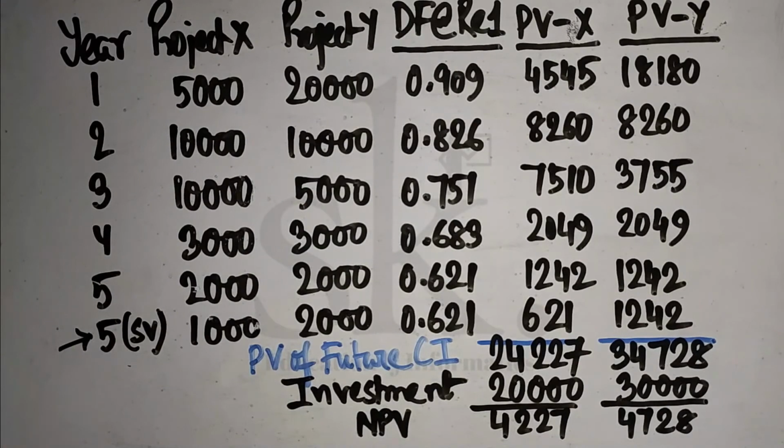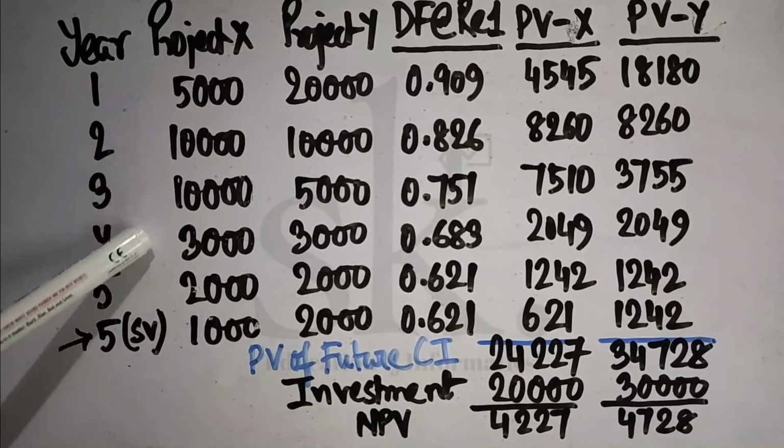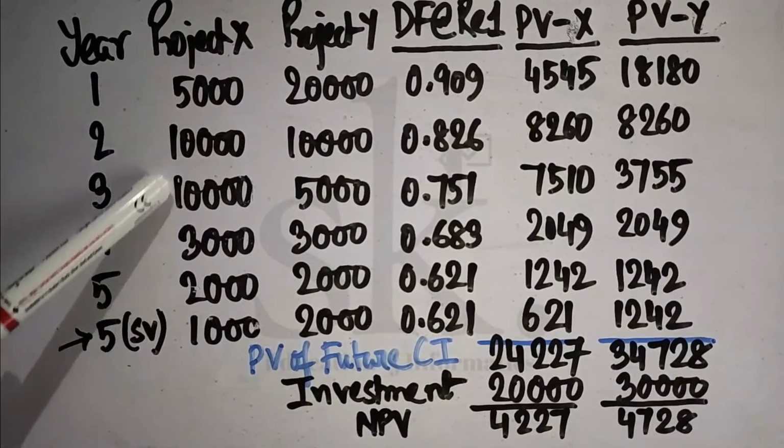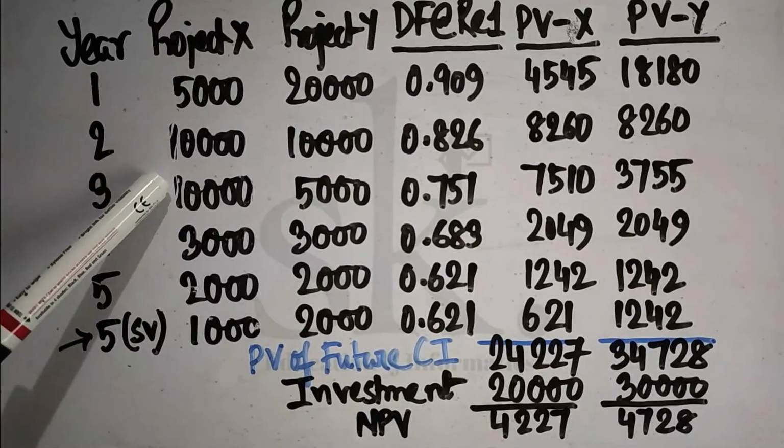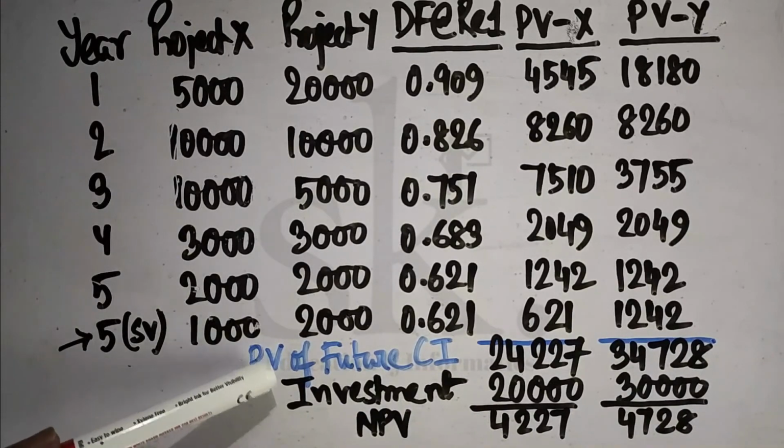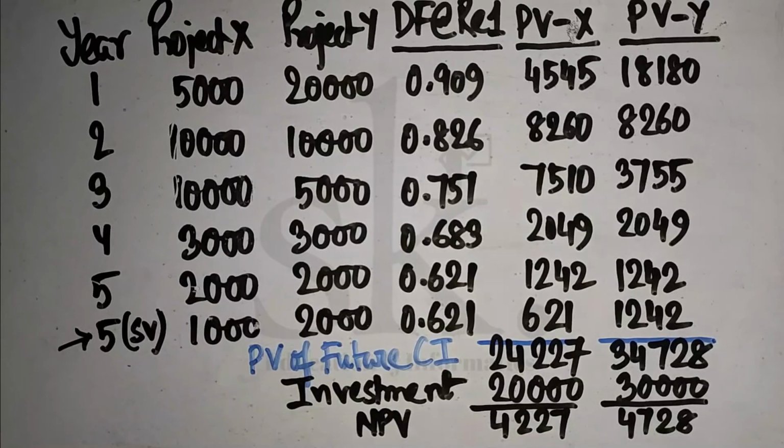So I hope the basic elementary concept of capital budgeting which we were discussing is clear. In the next video we will be discussing some special problems. Till now the future cash inflow which we were getting, we were discounting, but we were always saying that the investment was happening in the 0th year. Now this may not always be true.